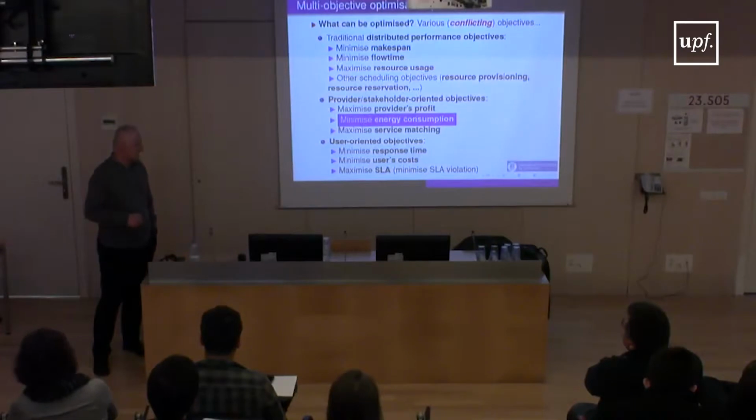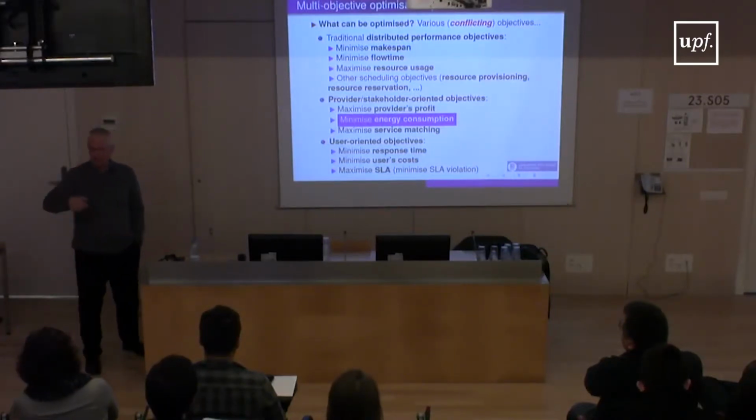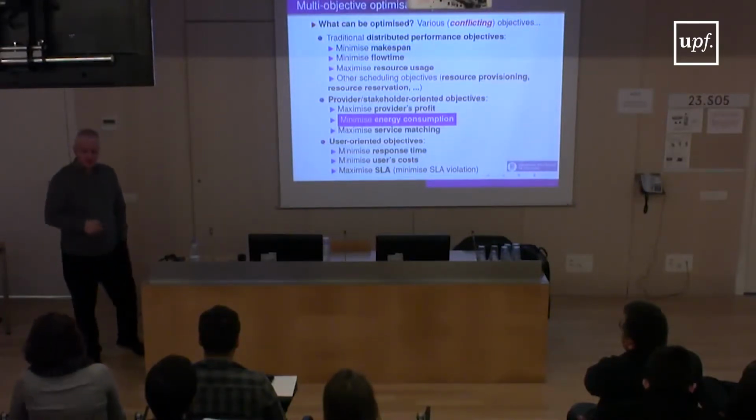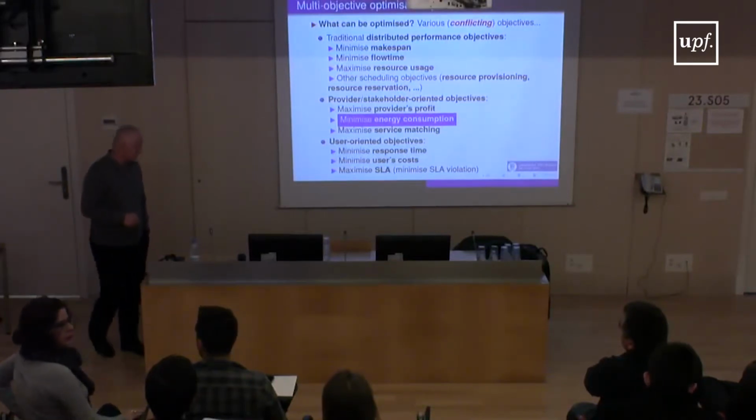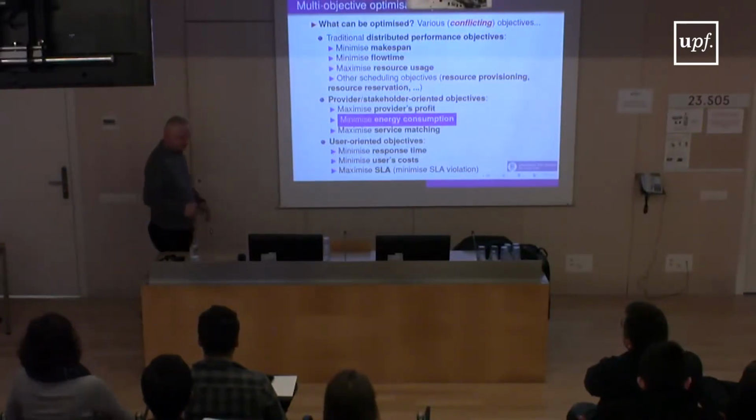But at least, if you don't satisfy fully the service level agreement, you should try to minimize the violation. So sometimes there could be some fluctuations or some violation of the service level agreement, and then obviously you should try to minimize that.